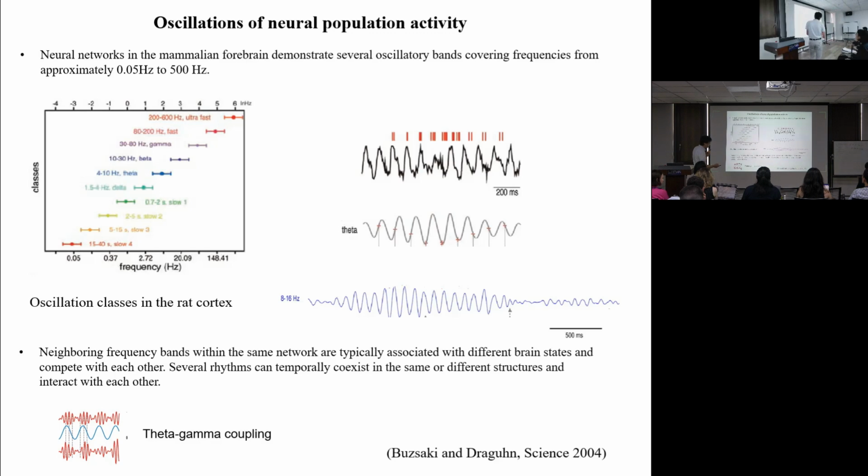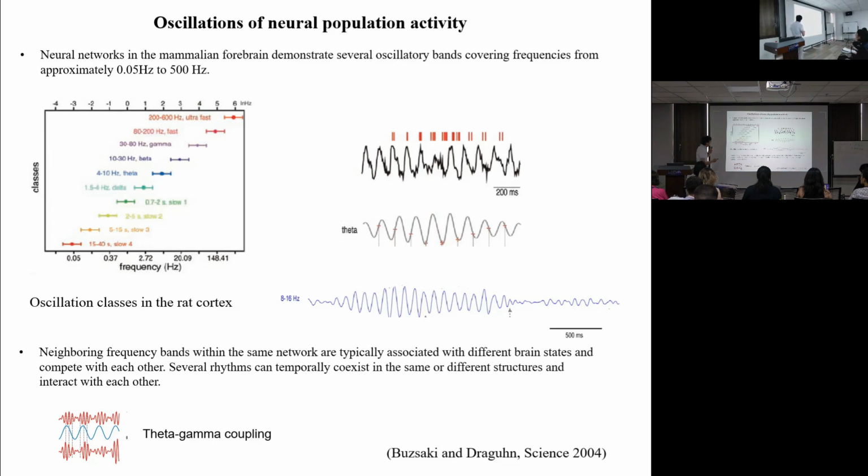There is a beautiful review paper by Buzsaki and his collaborator. Oscillations in cortical circuits can be roughly divided into different classes. Here is a figure about different classes of oscillations in the cortex, for humans. The oscillation bands are slightly different, but anyway.